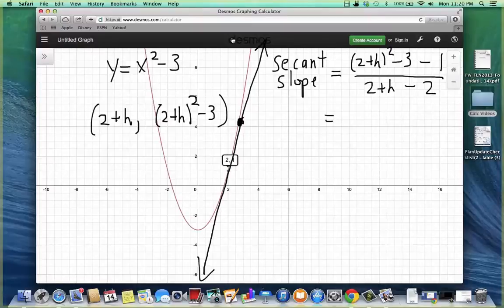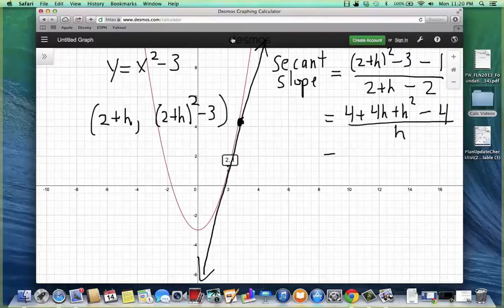If I expand (2 plus h) squared, I'll get 4 plus 4h plus h squared, using the FOIL method to multiply 2 plus h times 2 plus h. And minus 3 minus 1 will give me a total of minus 4 in the numerator. In the denominator, the 2 and the minus 2 cancel, and I'm just left with h.